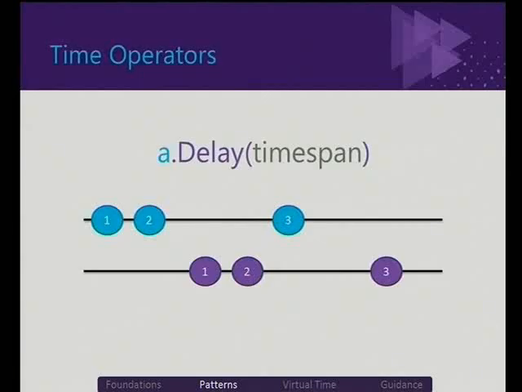We don't know that a one has fired. Time ticks away, two fires on A. We don't see that down here. Time ticks away. Now we've got a delay of this amount of time. Suddenly we see one. And then we see two. And then time ticking away, then we see three. So this is doing a delay.